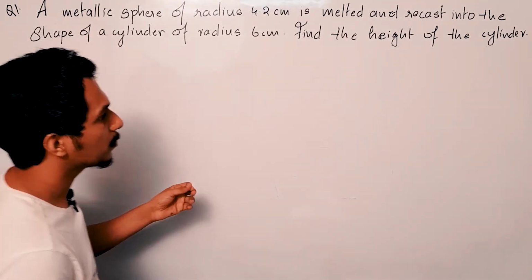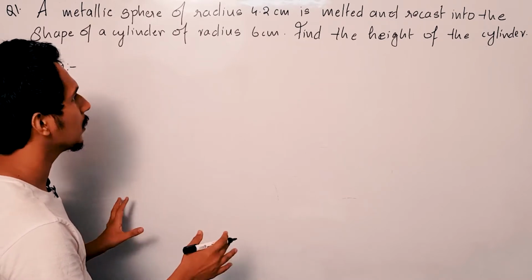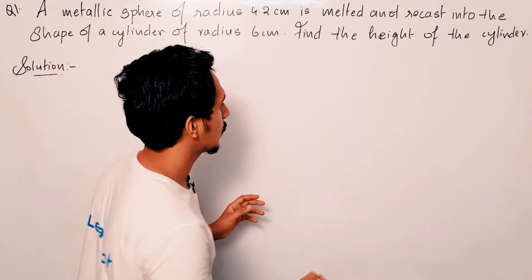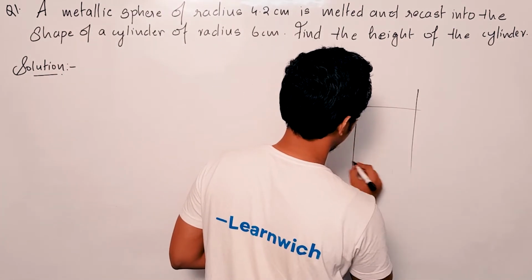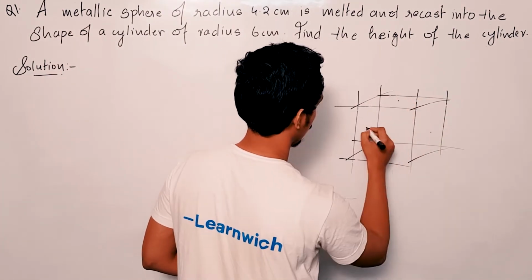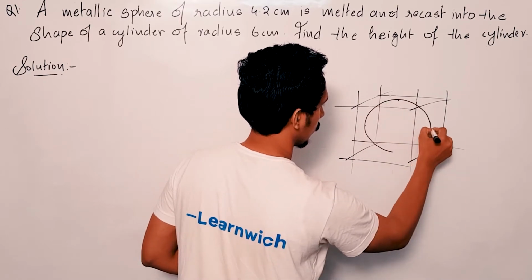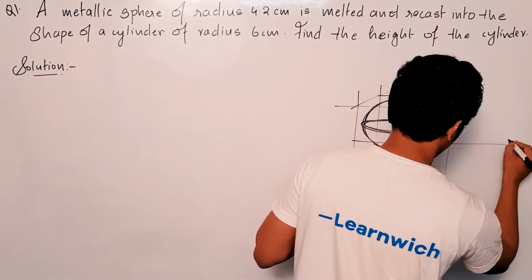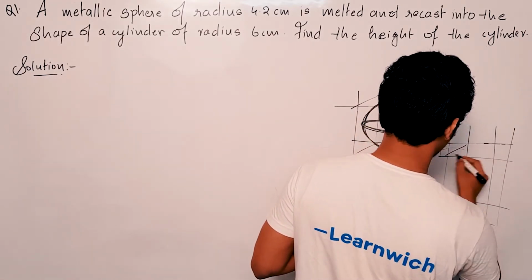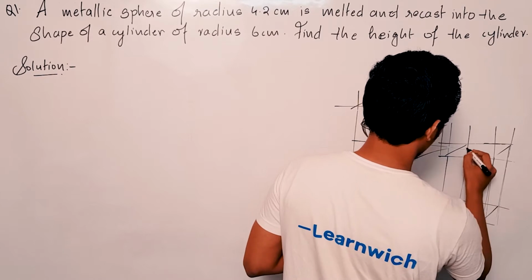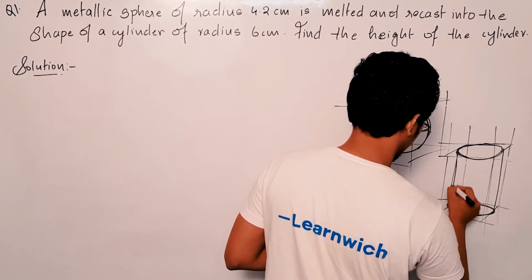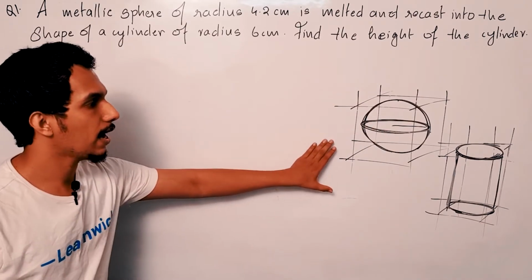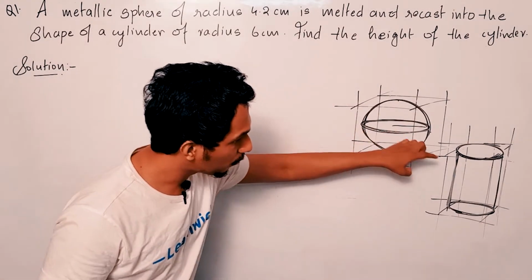You don't actually need to draw figures for this, but for you to understand, I'm drawing a sphere as well as a cylinder. So we have a sphere and it is melted to form a cylinder.